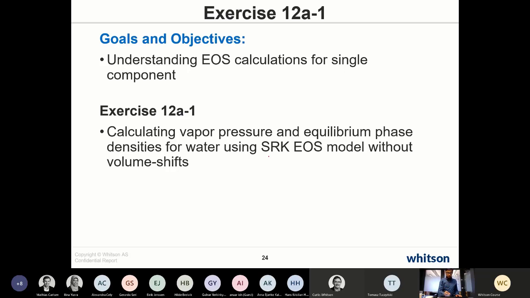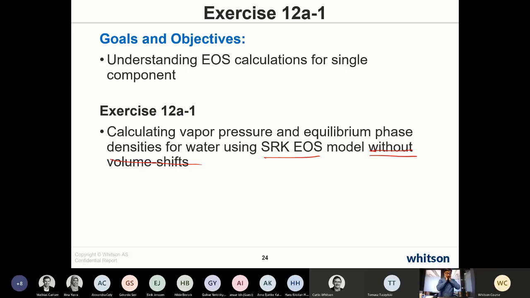For that purpose, we will be using the SRK equation of state model, and just forget about what is written here for now; we will see what it means in the coming slides. What we'll be doing in the exercise is using the SRK equation of state model for a pure compound like water, and calculating the vapor pressure and the equilibrium phase densities.